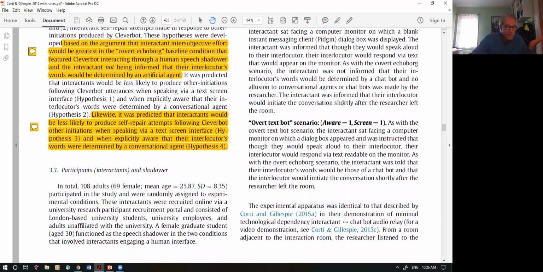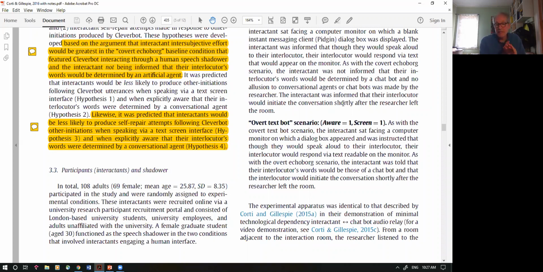And then the findings were that, as they hypothesized, at least two of the hypotheses were supported, that they expected that it makes a difference when a human speaker interacts with text on a screen, or if they're interacting with a human that looks like a human and was in fact a human, but was uttering language that was produced by a machine.